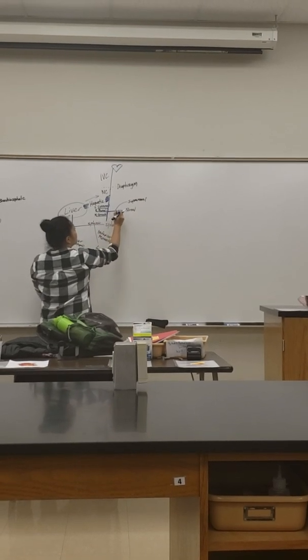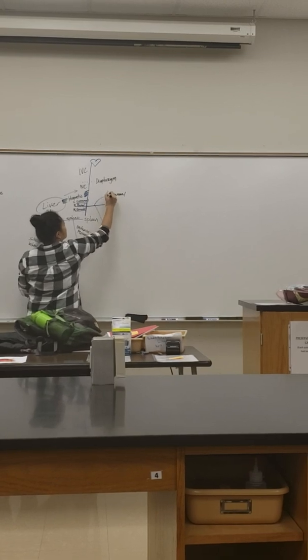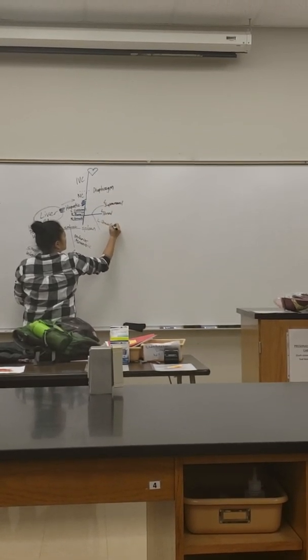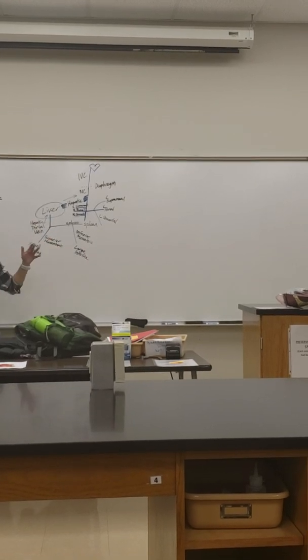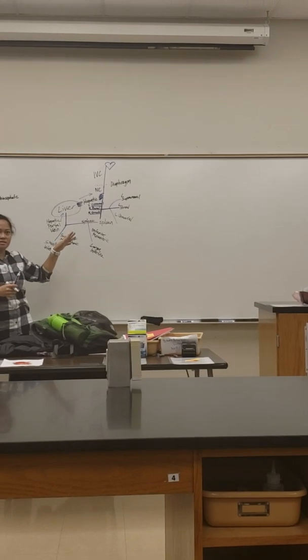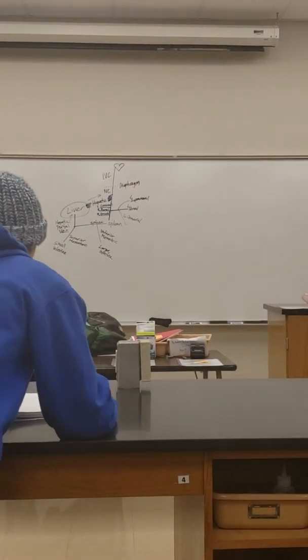And then going below that, this is the gonadal. So you can see that it's the same three names, it just branches a little bit differently. Okay? Any questions on this?